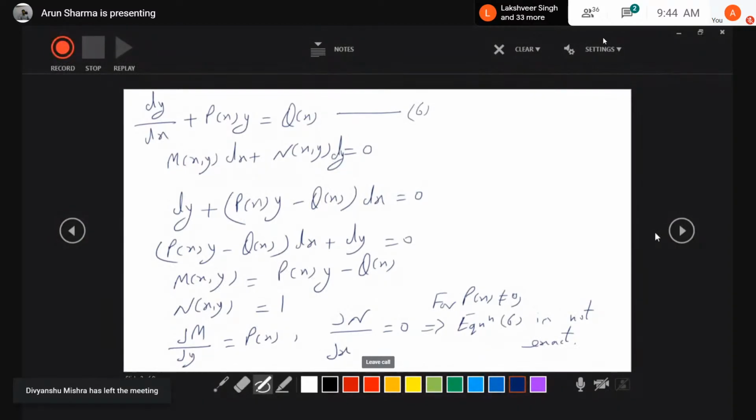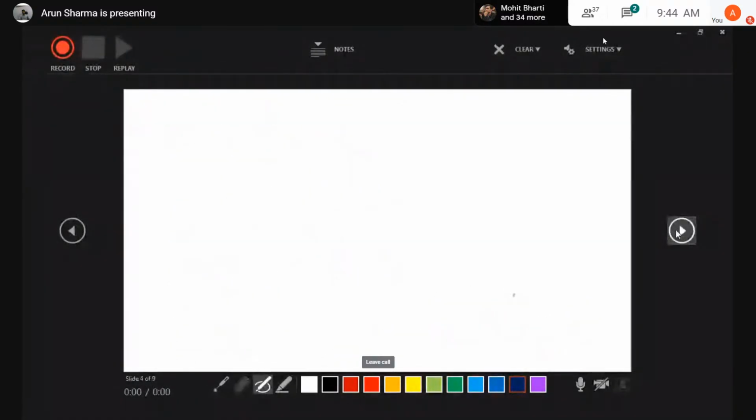Yes, done. Okay. So now we have to make it exact. How to make it exact? We have to multiply by some function mu(x). So let's multiply by some function mu(x).